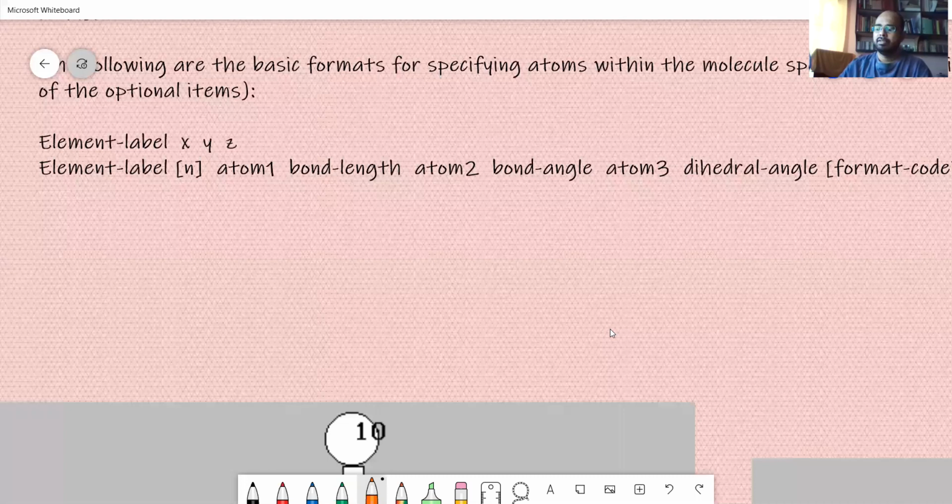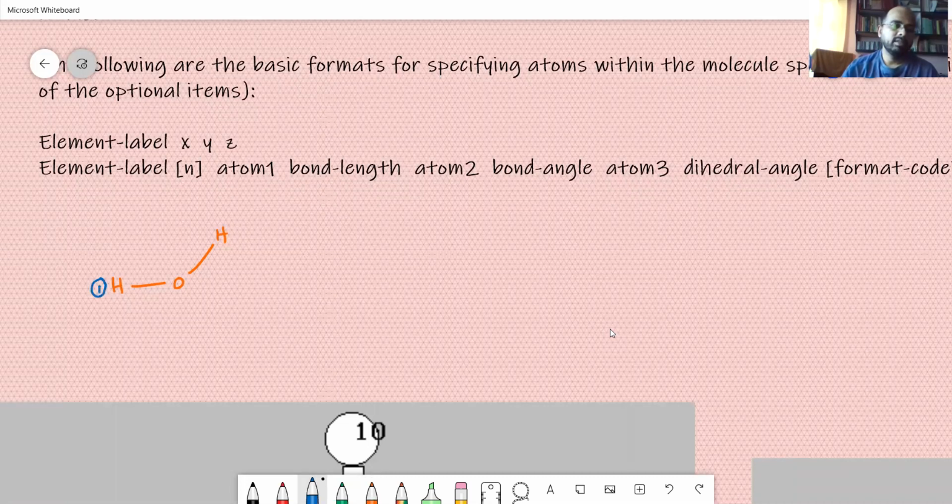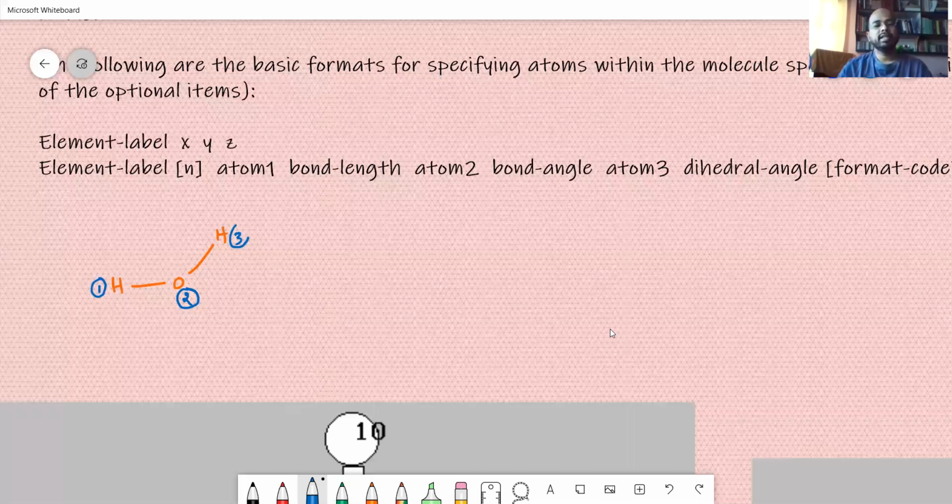For water, we have taken H, O, and H, and then numbering. I'm starting the numbering from here like 1, 2, and 3. So how will I write the Z matrix?